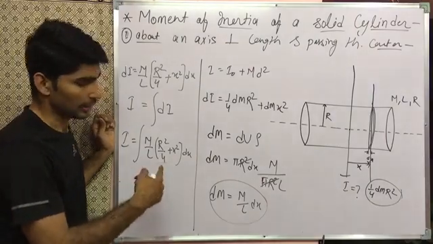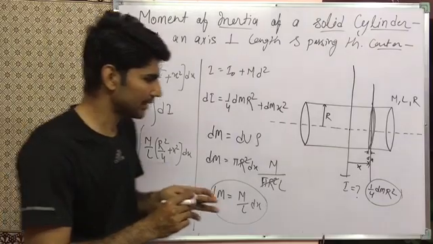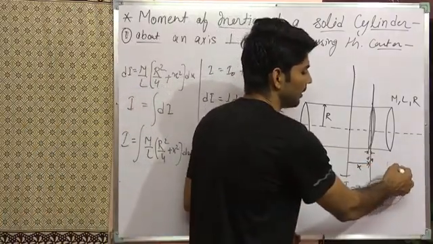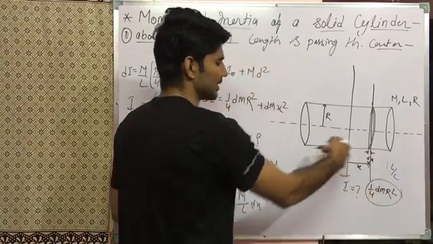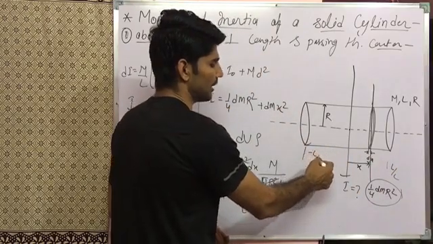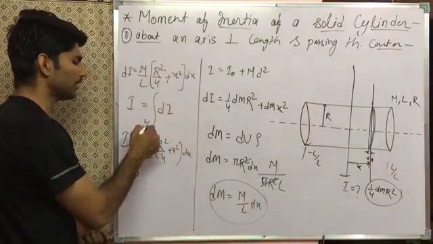Here the limit of x: on this side x can be L by 2, and on the other side x becomes minus L by 2, so the limit will be minus L by 2 to L by 2.